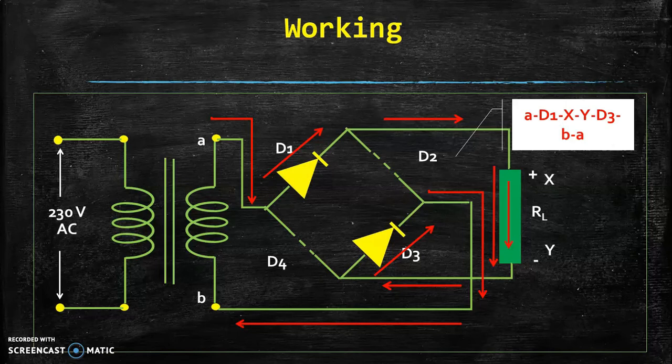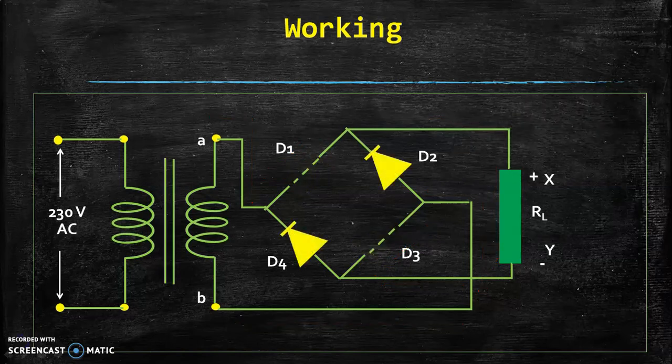The path of the current is point A to D1 to X to Y, then D3, then at the terminal B, and then at last it ends at point A. So this is complete closed path for the current during positive half cycle. The flow of current in the load resistance is in one direction, and that is from point X to point Y, positive terminal to negative terminal.